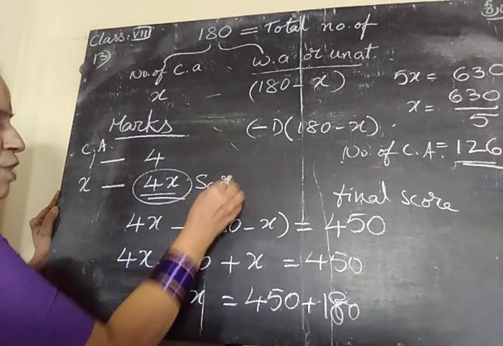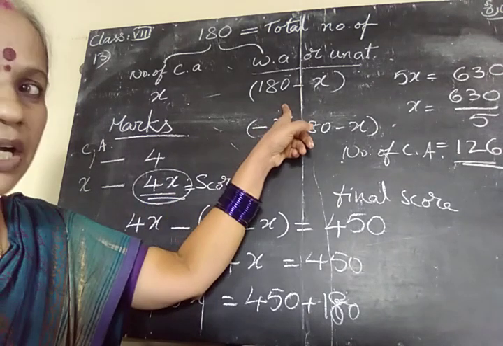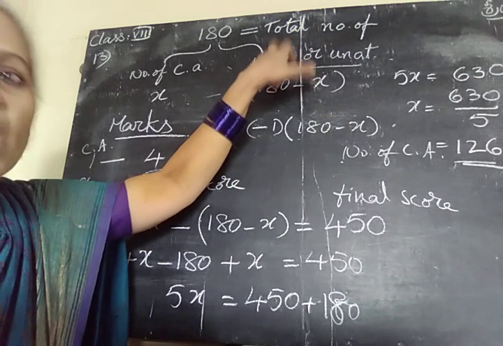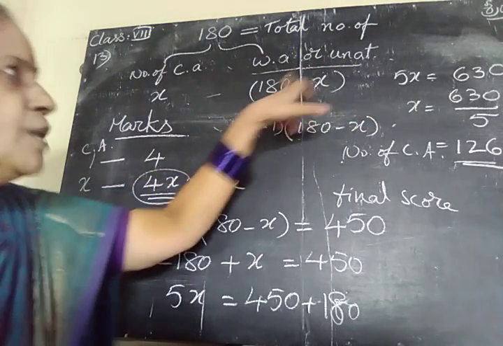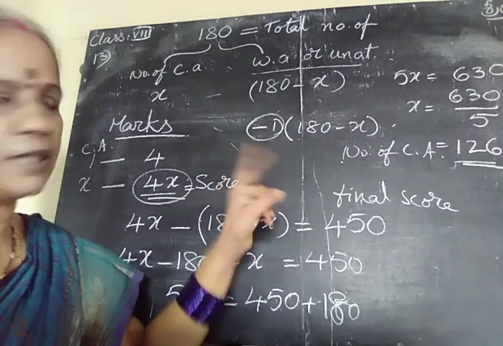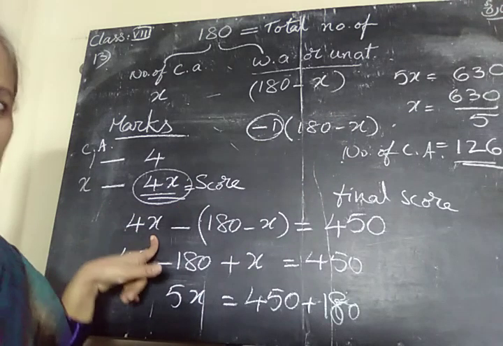But he did wrong also, so for each wrong or non-attempted question they are deducting 1 mark, minus 1 into this one. This we have to subtract from the total score.